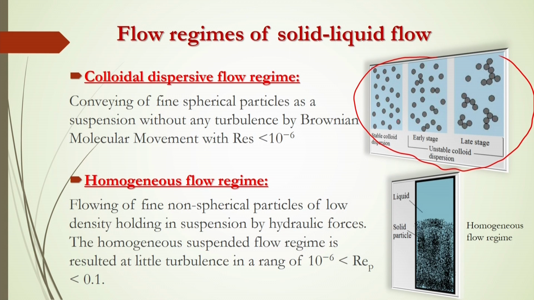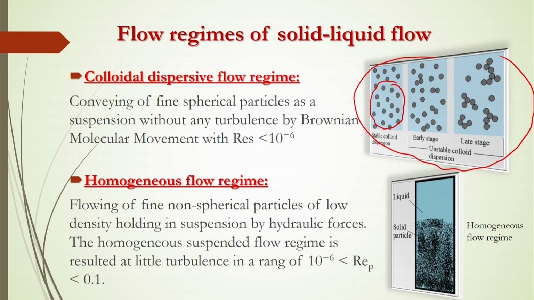Whereas in a stable colloidal dispersion, there will be no coagulation or agglomeration forming between the particles. And in homogeneous flow regimes, there may be a chance to form coagulations, but it depends on the velocity inside the bed.